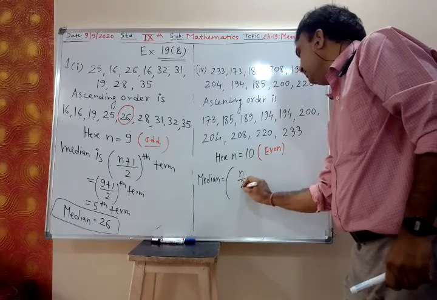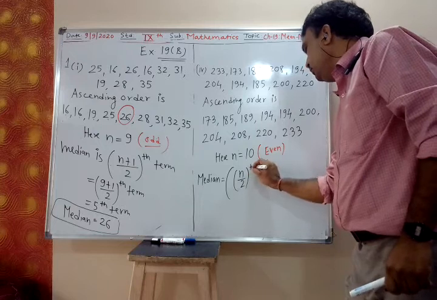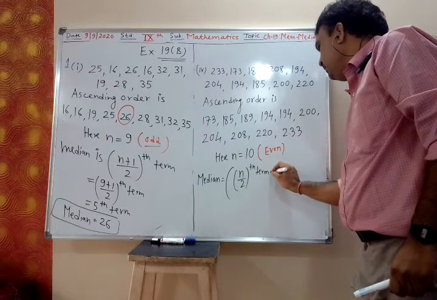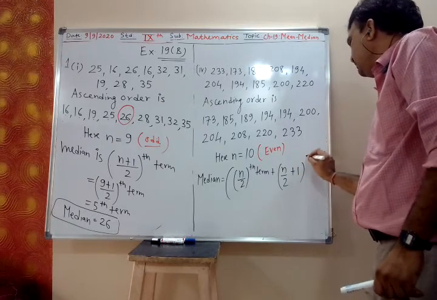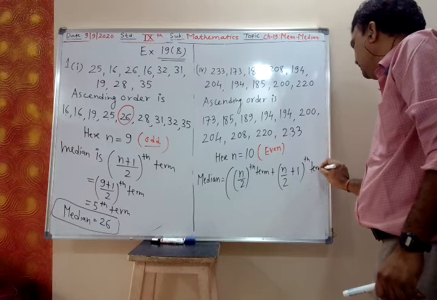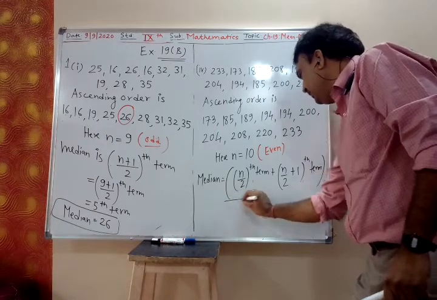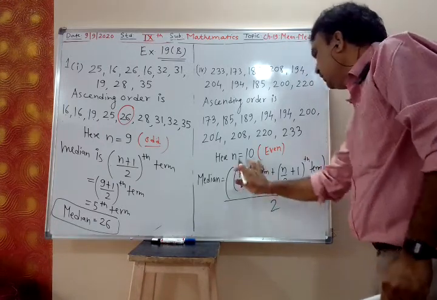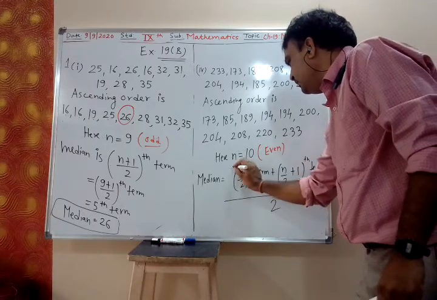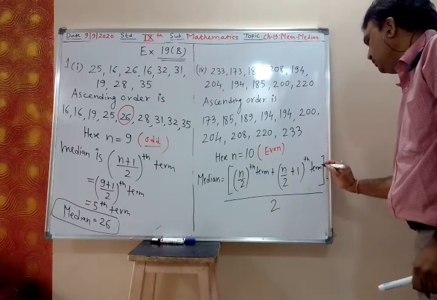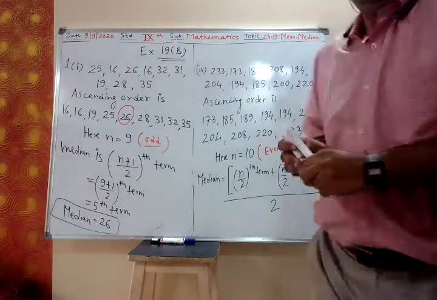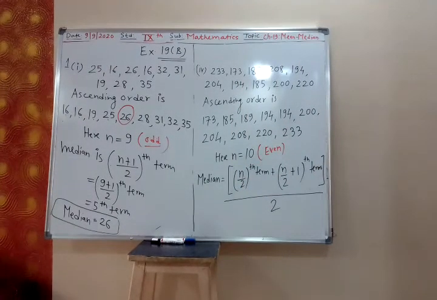N by 2th term plus n by 2 plus 1th term, whole divided by 2. You can write this with a bigger bracket, no problem. N by 2th term plus n by 2 plus 1th term, whole divided by 2.